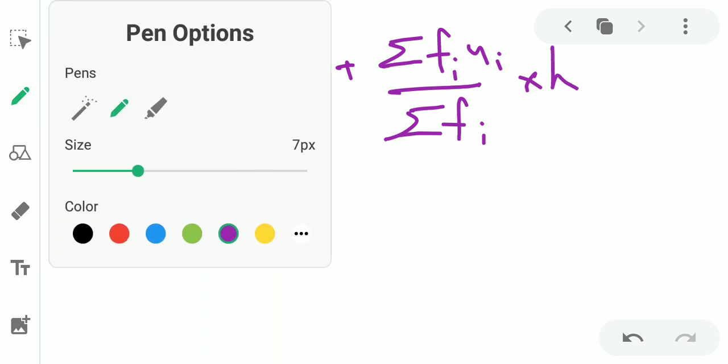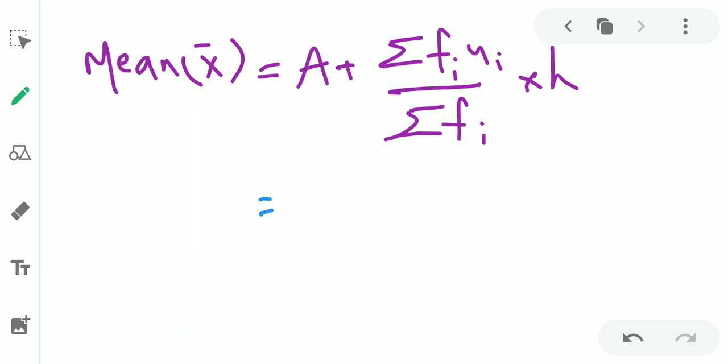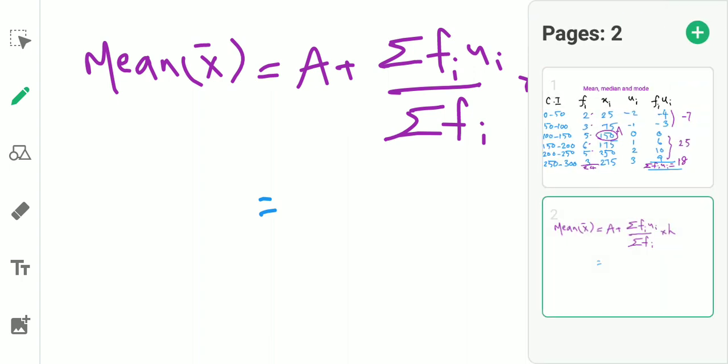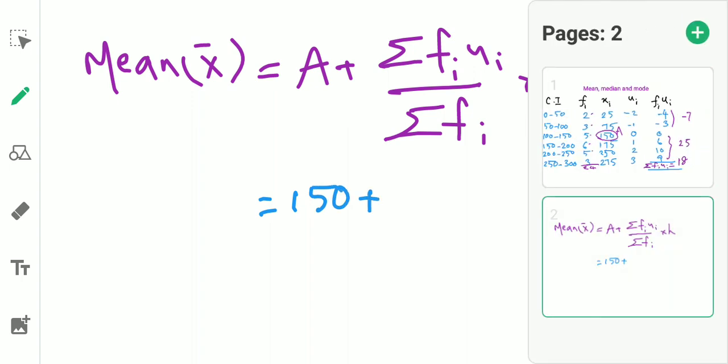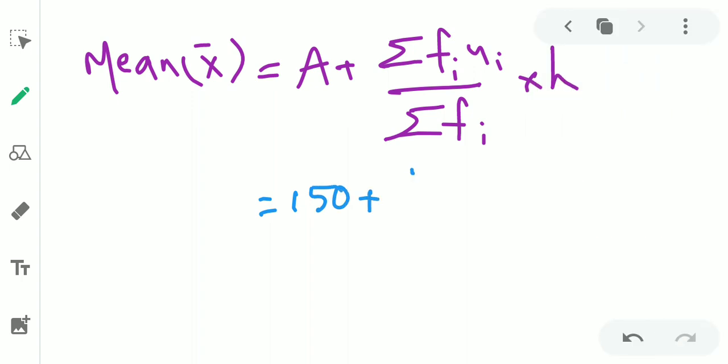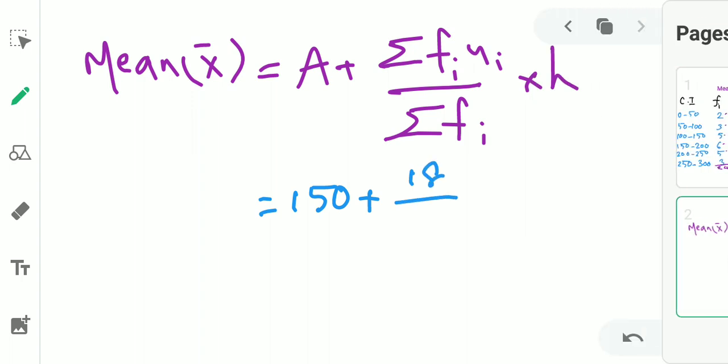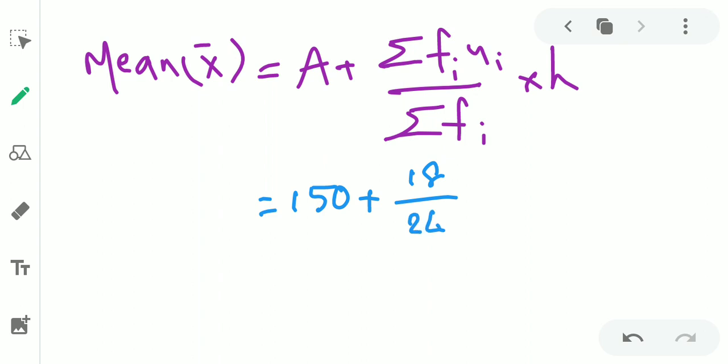What is the value of a? We have taken a as 150, summation fi ui we found to be 18, summation fi is 24, and h, the class size, is 50.